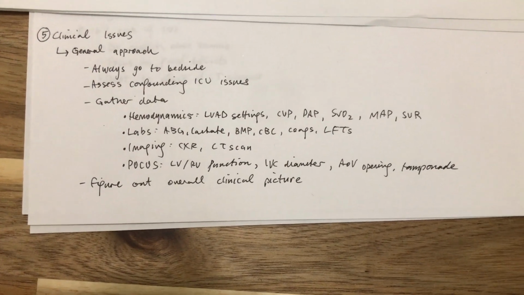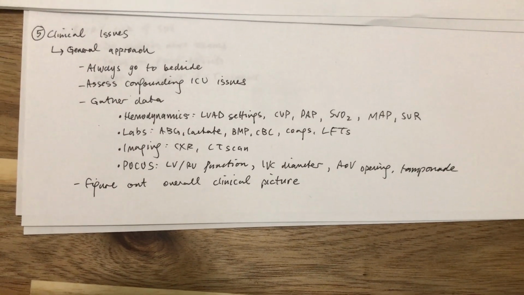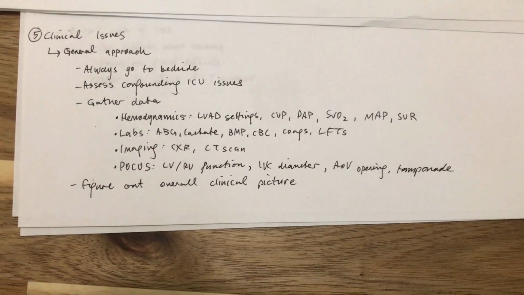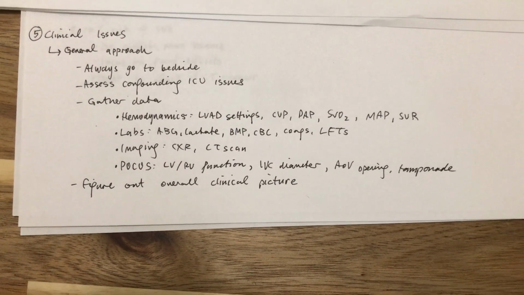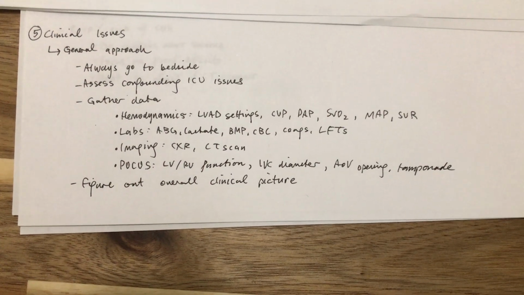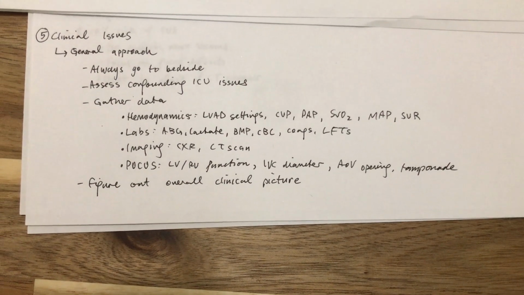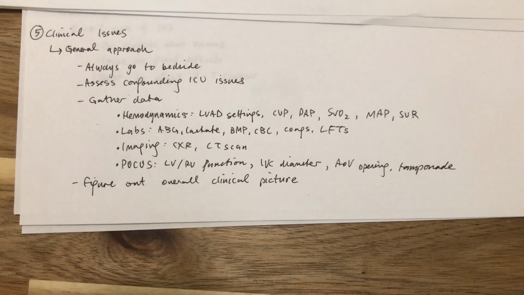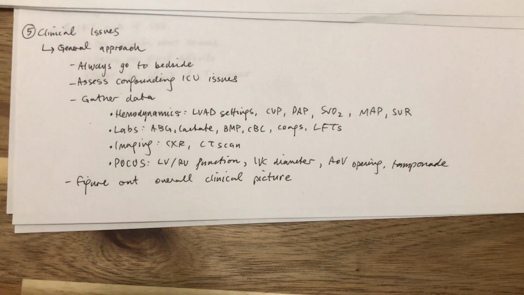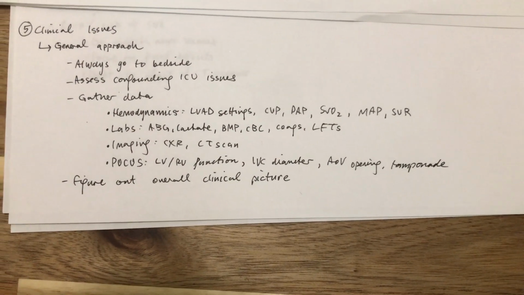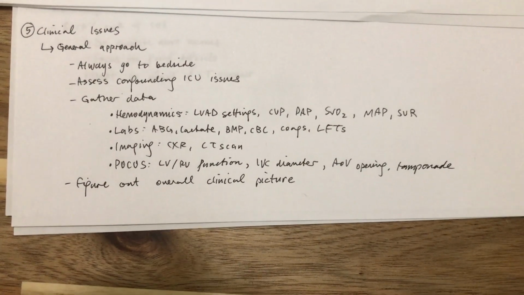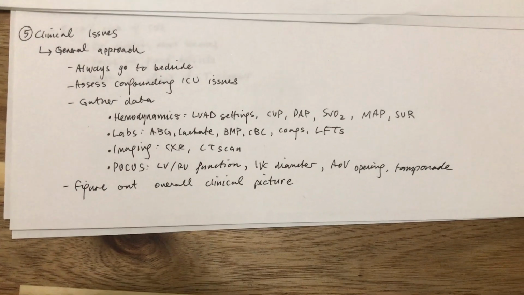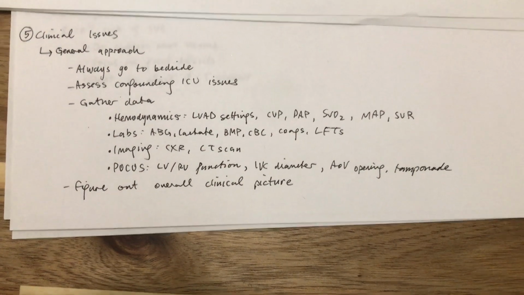If it's a true problem, the first thing you want to do is gather data. So you want to know what is going on hemodynamically. You want to know lab-wise what their cardiac output is, and if they're perfusing their organs. And I think getting a chest X-ray is helpful to see their volume status, and also using POCUS to look at their left side, their right side, IVC, aortic valve, and if there's evidence of tamponade.